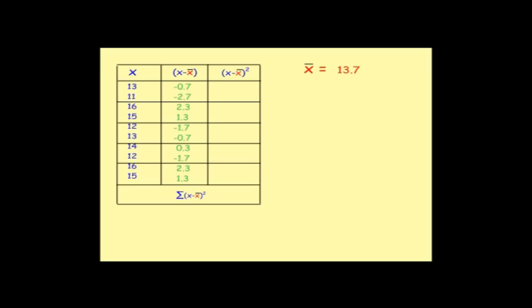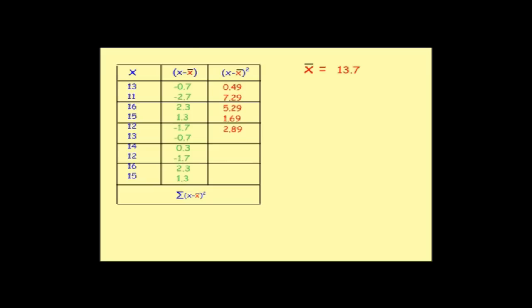Minus 0.7 squared, 0.49. Minus 2.7 squared, 7.29. 2.3 squared, 5.29. 1.3 squared, 1.69. Minus 1.7 squared, 2.89.